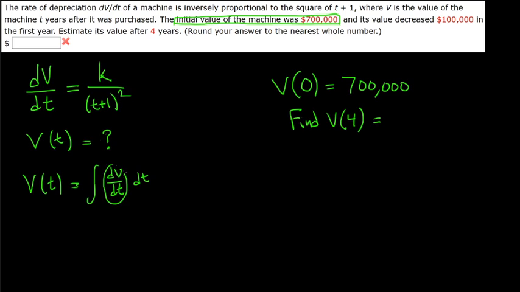So when we integrate the derivative, that just gets you the original function v back. Okay? So, and we know what the derivative is. It was given as k over t plus 1 quantity squared. And then we're going to integrate with respect to t, right? That's the variable here.